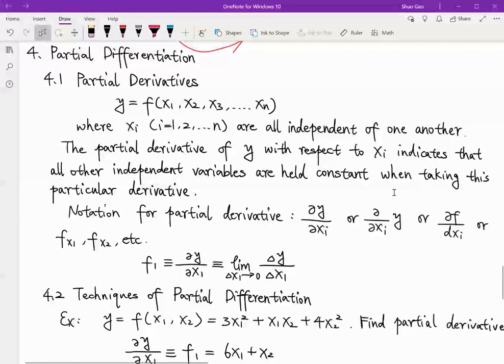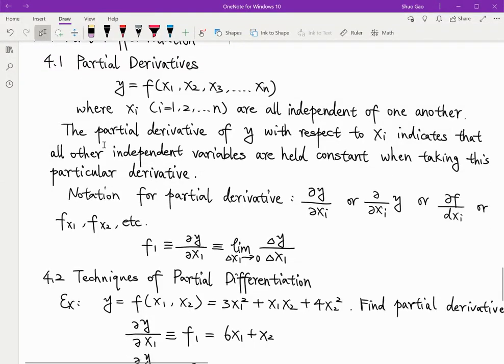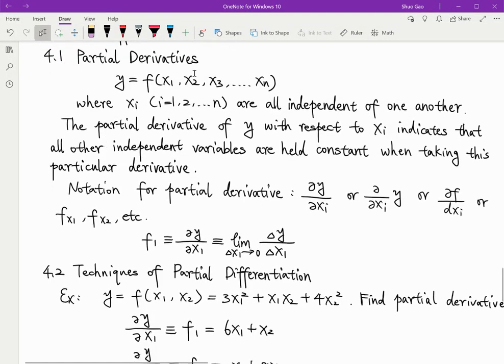So the last part is partial differentiation. First, let's talk about what a partial derivative is. Suppose we have a function like this: y equals f of x1, x2, x3 to xn.